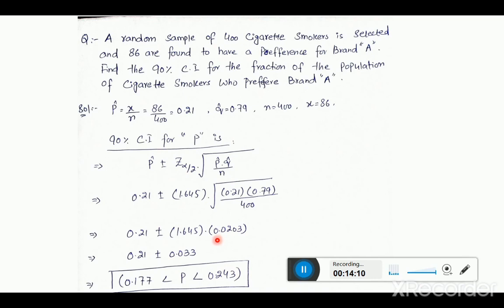Solving the equation you get 0.0203. Multiply this value with 1.645 and you get 0.033.